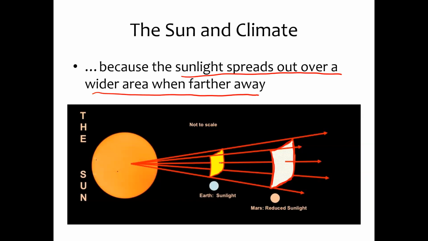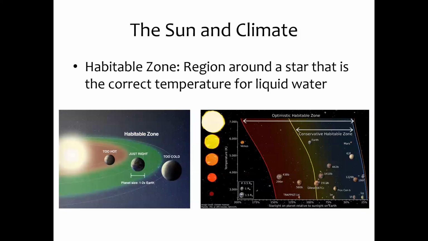And Earth doesn't get nearly as much sunlight over a given area as Mercury does. It's about the concentration of solar energy as it spreads out, leaving the sun.